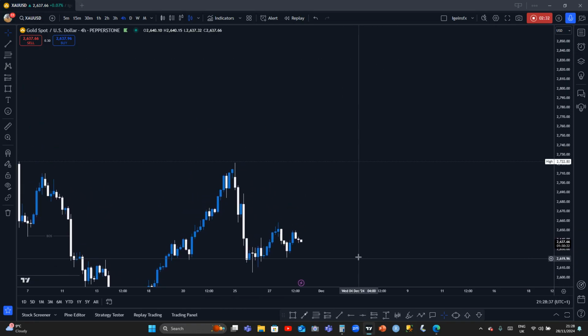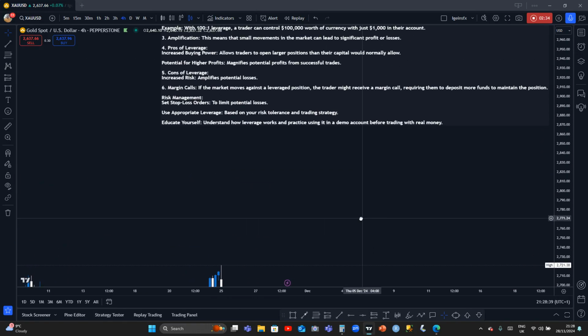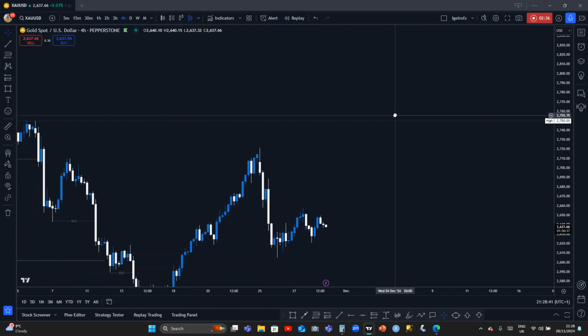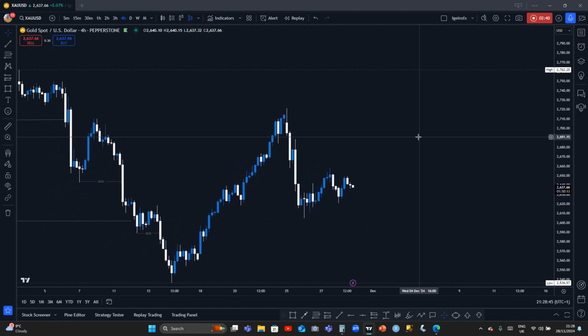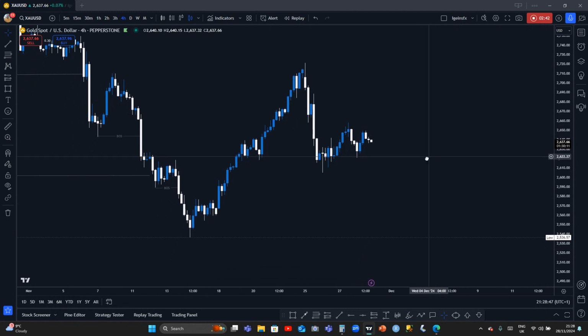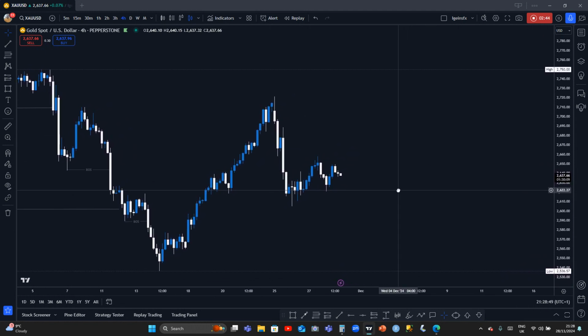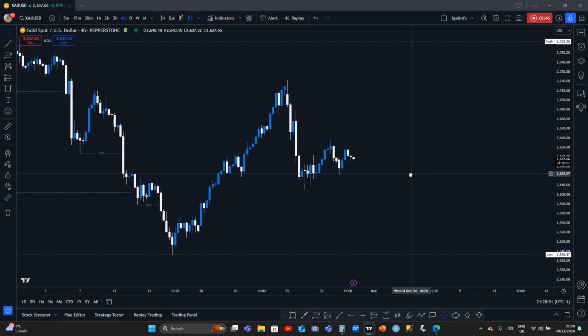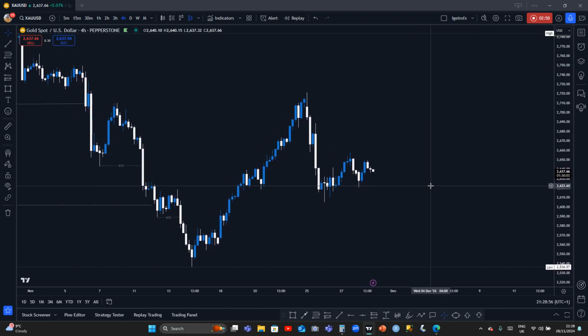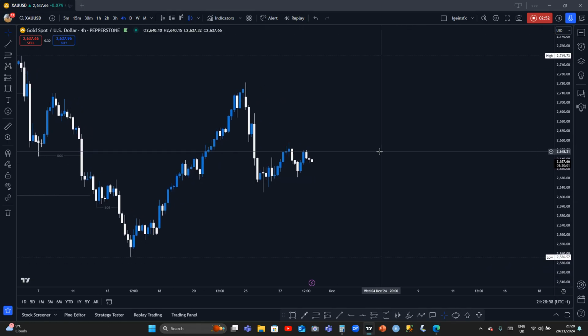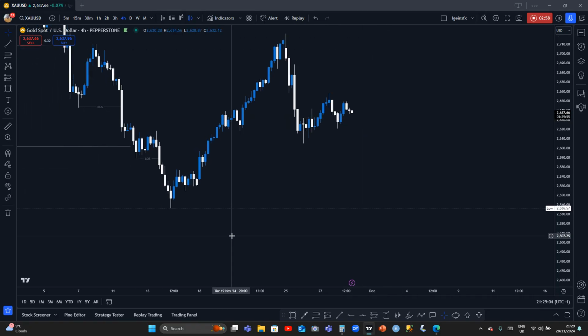Today, the last video we talked about lot sizes and how you can determine your lot size. We did say you should first identify your entry point.